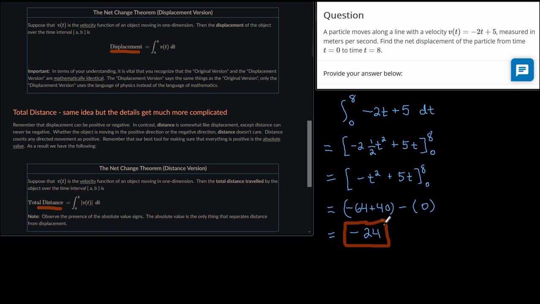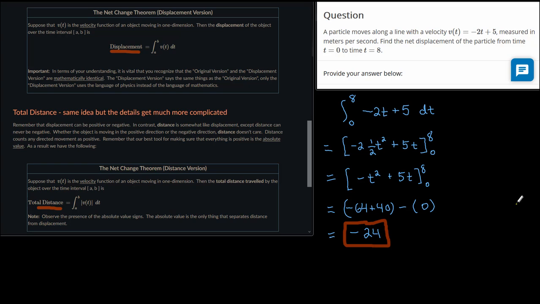But displacement can definitely be negative. Because, long story short, displacement is a vector, whereas distance is just a scalar, and it's always going to be a positive scalar. Displacement tells you how much your position changed altogether.